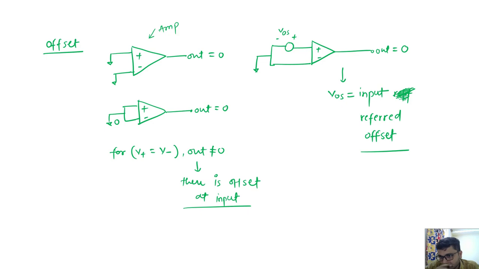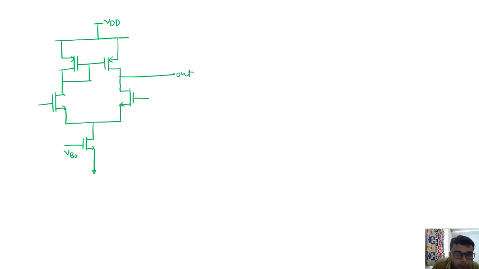Okay, so now we slowly move to the transistor level, because the transistor level is important from an interview perspective. Ideally, if my inputs are shorted, my output should be 0. If it is not like that, then there is an offset and we have to model it at the input. So what can be the reason?